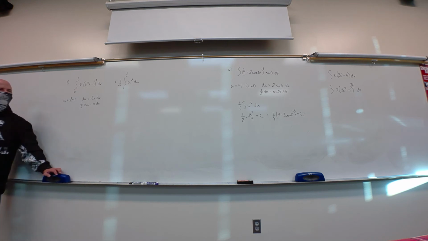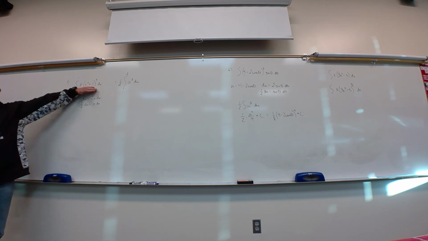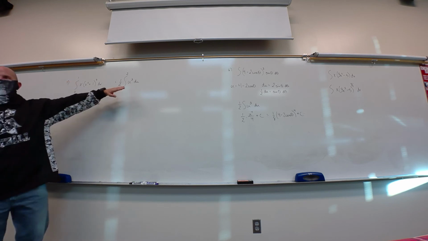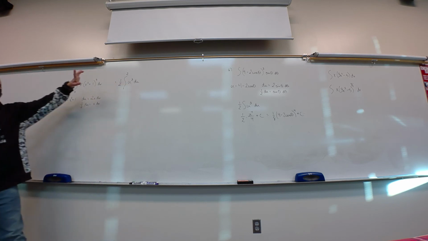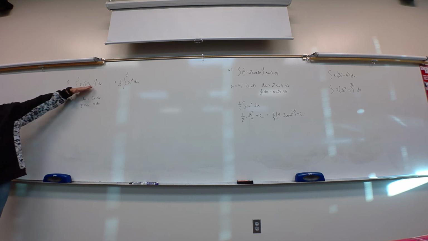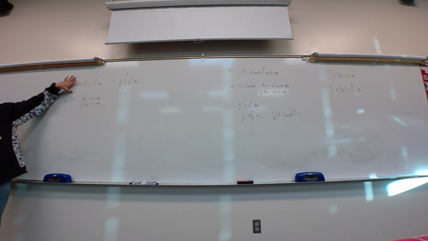Let's see. What variable's over here? x. So these limits refer to x. What variable's over here? u. So I can't use x limits.